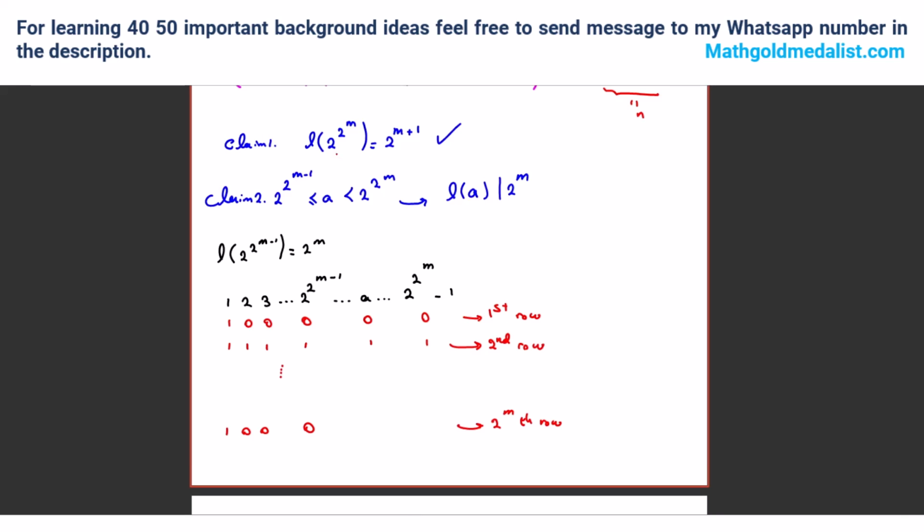By showing claim 1, and not all of them 0, until this point. Okay, now a is a general number from here to here, right? And let me check. In the 2 to the mth row it is this. No, it is not in the 2 to the mth row. In which row do we have this?